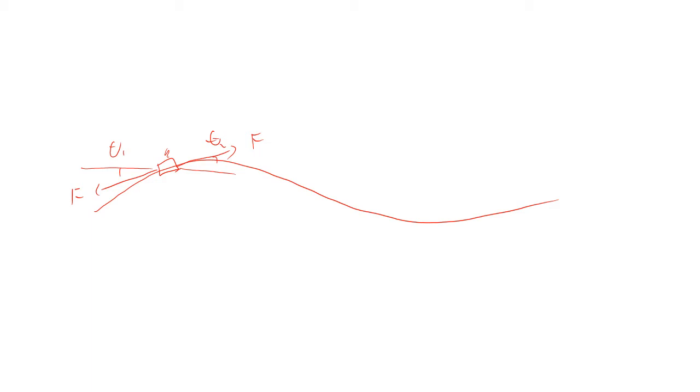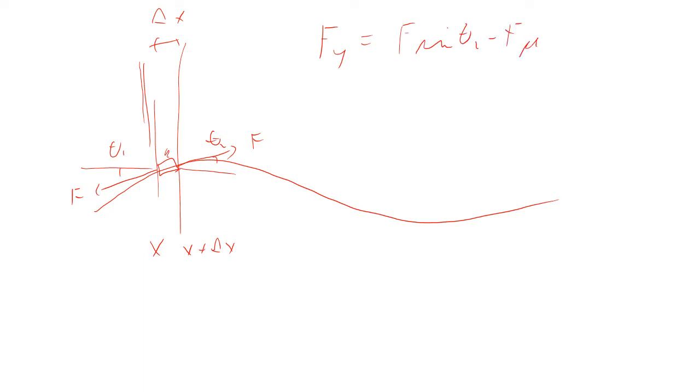And so that little balance right there is the key. What we can do is say this end of it is at some position x, and the other end is at x plus delta x. So we'll say the difference is some little delta x. And so the total y force is going to be F sine theta 2 minus F sine theta 1.